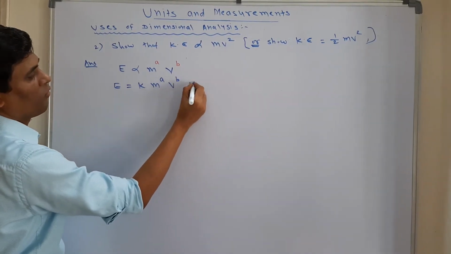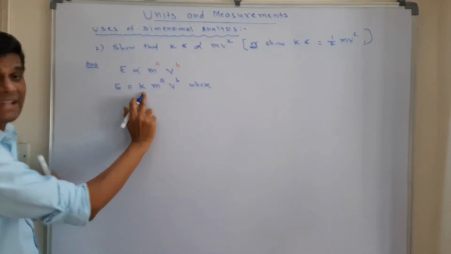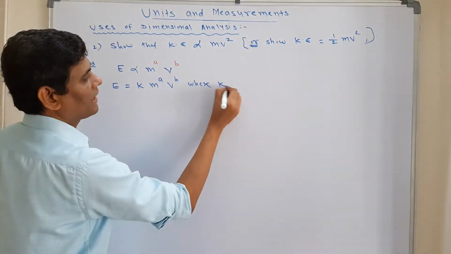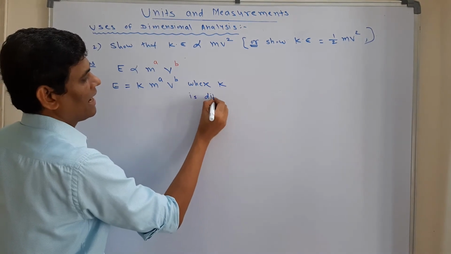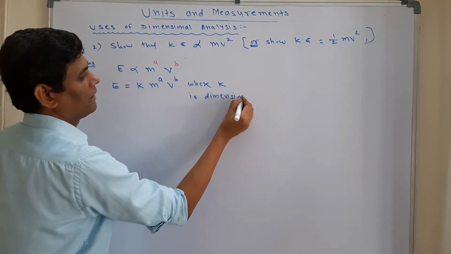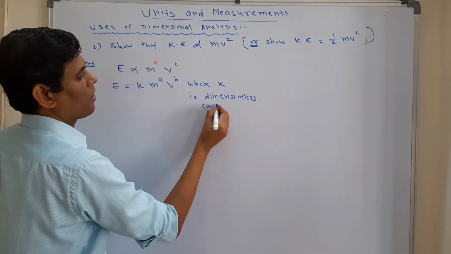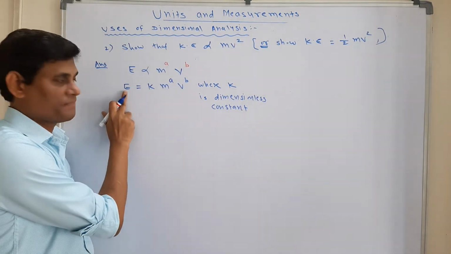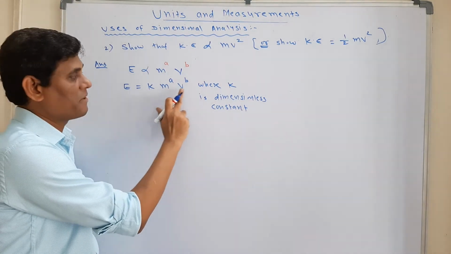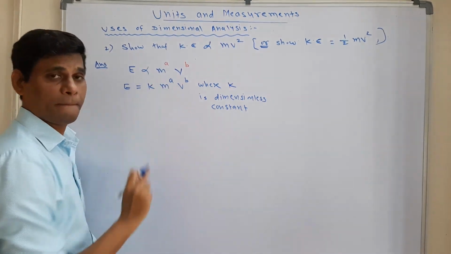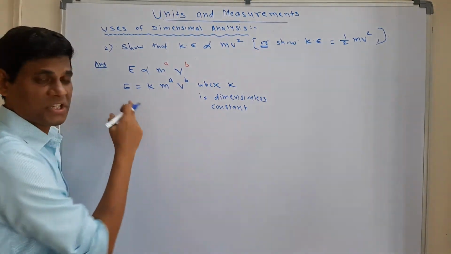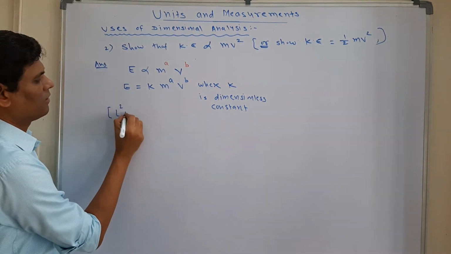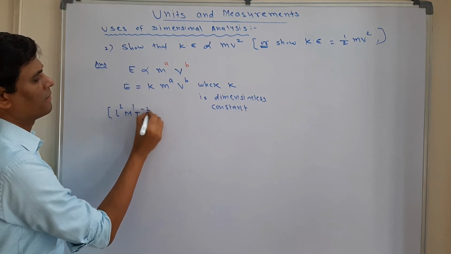where K is a dimensionless constant, K will have no dimension. Now write the dimension of energy, dimension of mass, dimension of velocity, and get the values of A and B. Dimension of energy is the same as work, that is L2 M1 T minus 2.